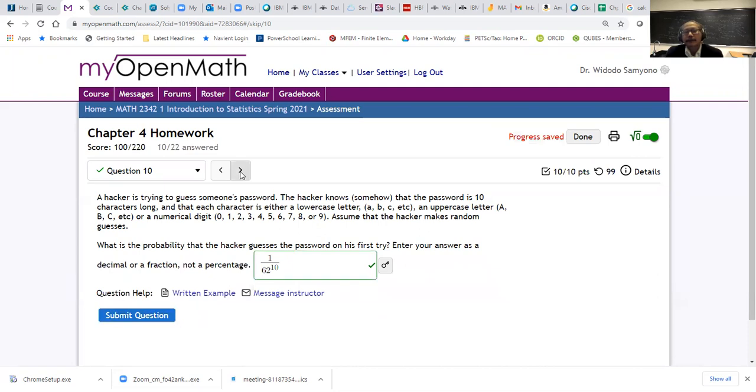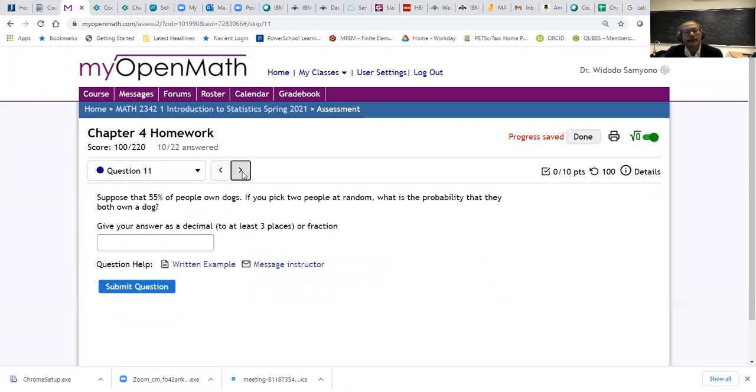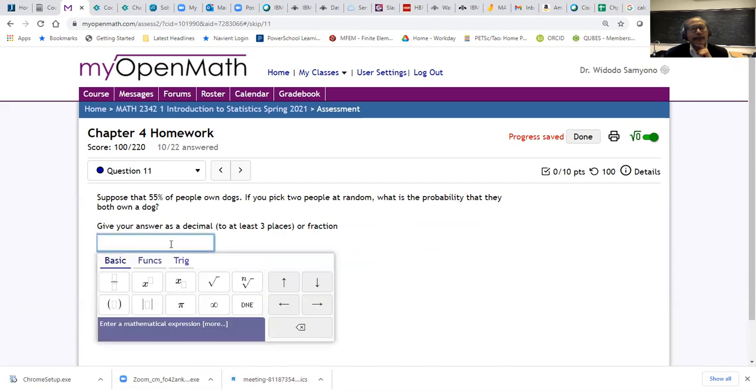And the next one, just raise your hand if you have any questions. So the probability of owning a dog is 5%. What is the probability that two people picked at random both have a dog? It is the same thing.